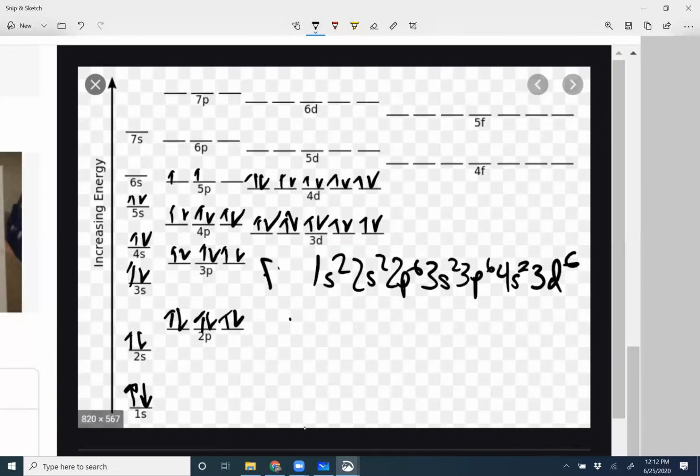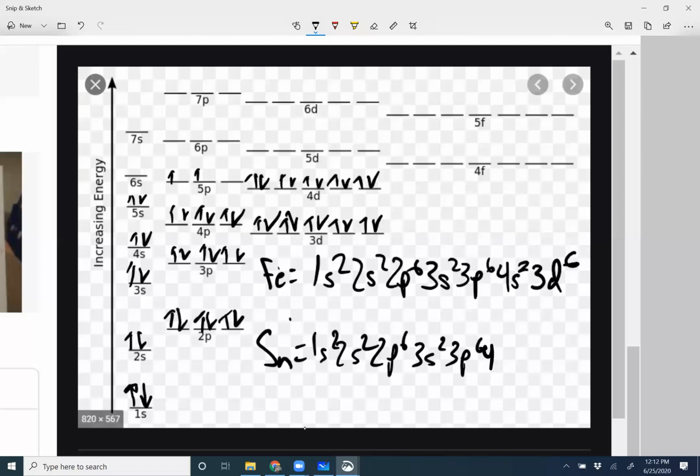So for tin, we have 1s2, 2s2, 2p6, 3s2, 3p6, 4s2, 3d10, 4p6, and I even have to write on the next line. And then we have 5s2, 4d10, 5p2. So as you can see, it gets to be very, very tedious to write these.